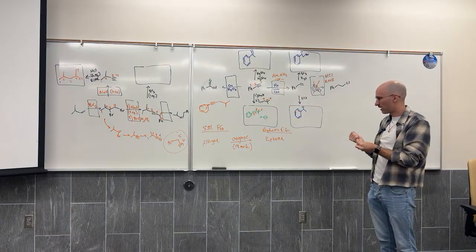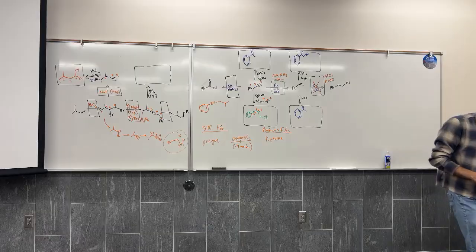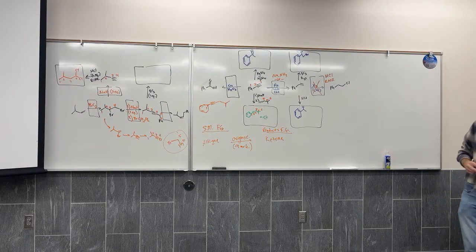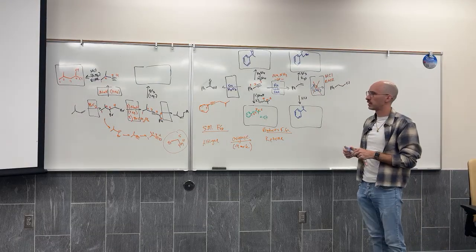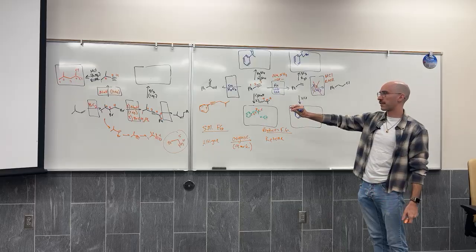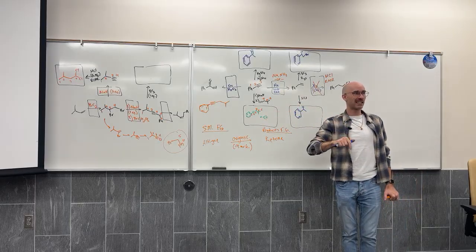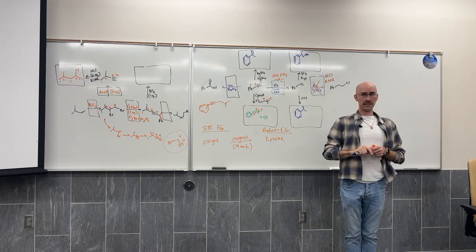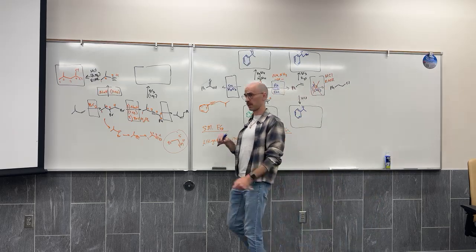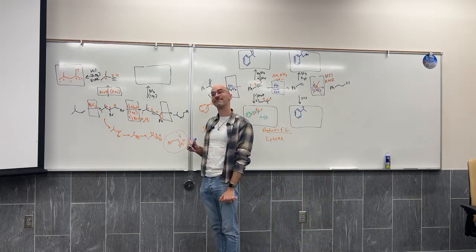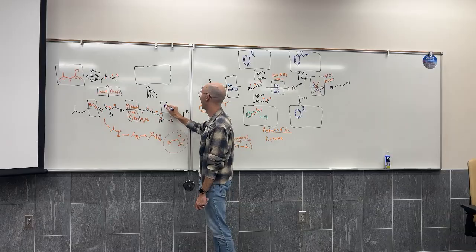Back down to the right. I'm sorry, maybe I shouldn't have been doing any of this in orange. I know orange can be a tough color to read. Back down to the right, I've got this internal alkyne forming a cis alkene. What reagent completes that conversion? Good.